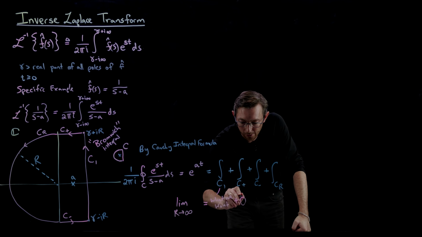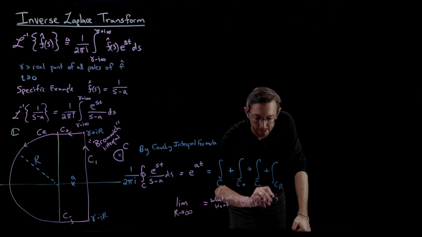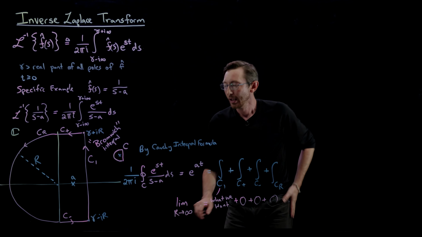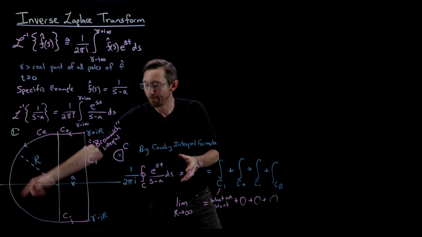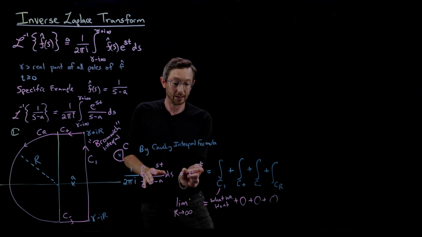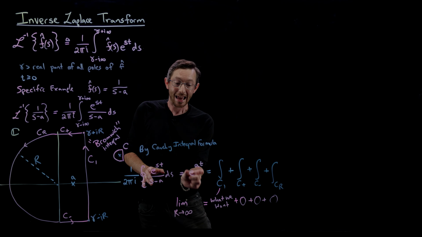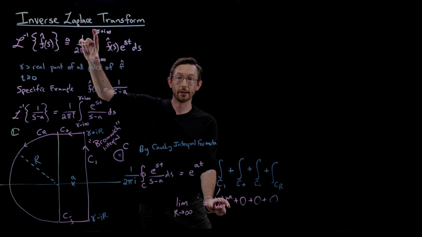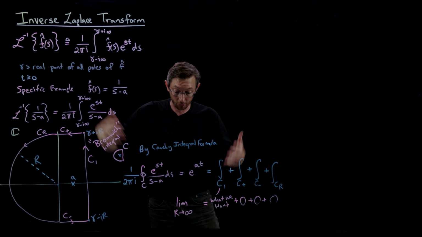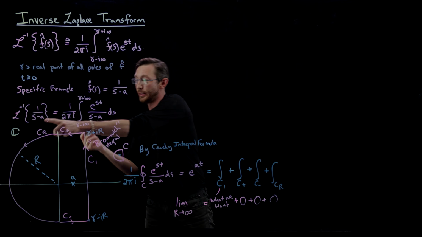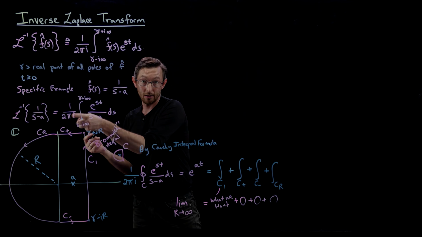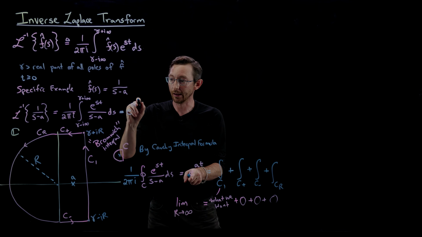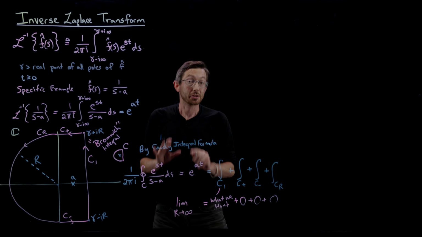So plus 0 plus 0 plus 0. What that shows is that I can compute this big Bromwich integral easily, and it equals e to the at. And that, in the limit as r goes to infinity, is equal to the integral that I want, which proves that this integral is going to equal e to the at. Okay, so that's the punchline.